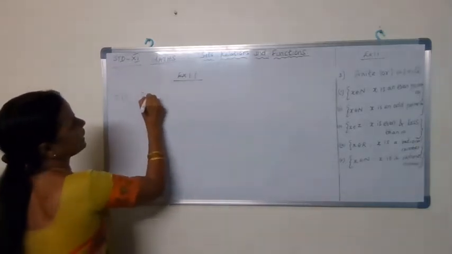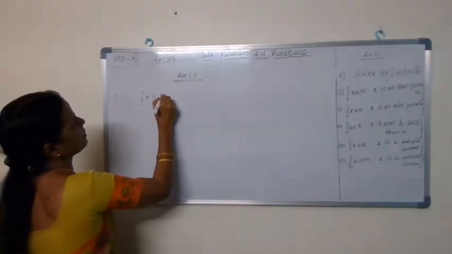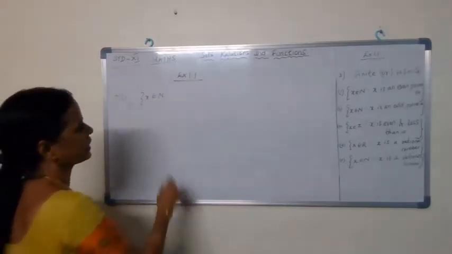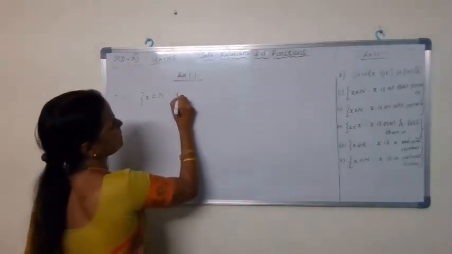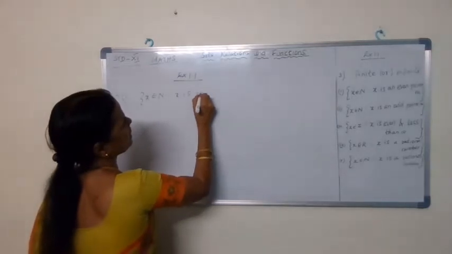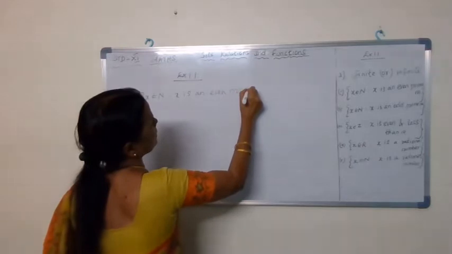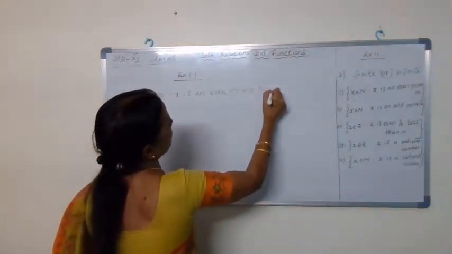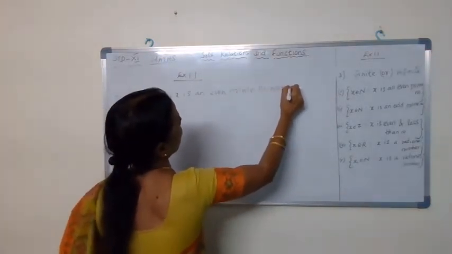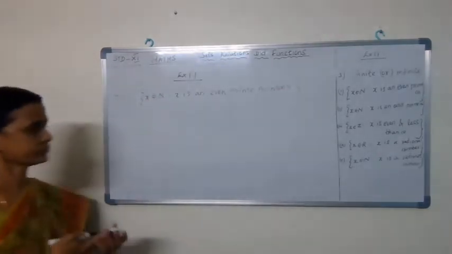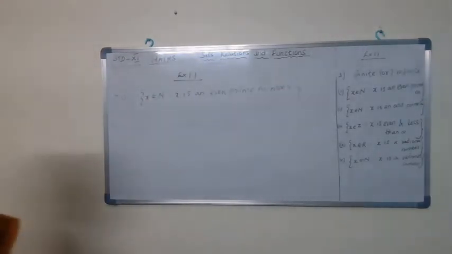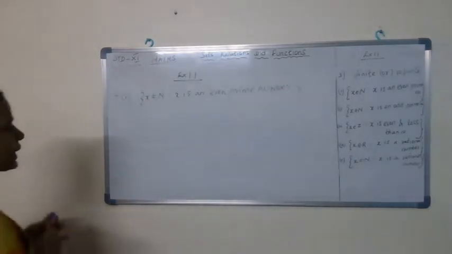Set of all x, x is a natural number, N means natural number, such that x is an even prime number. You know what prime numbers are? First of all, we shall see what prime numbers are.